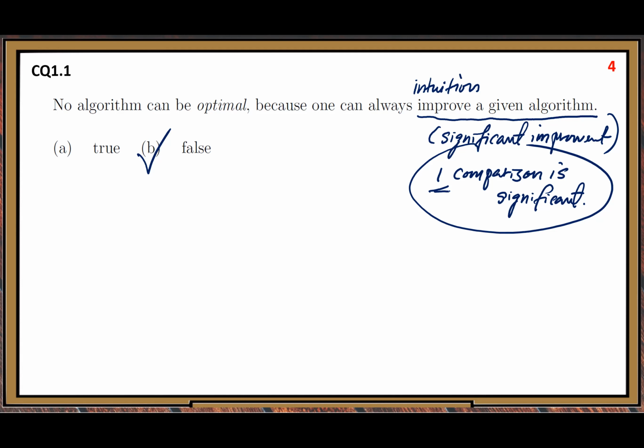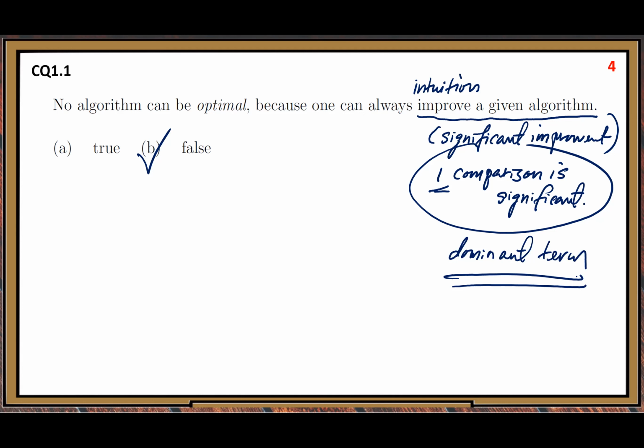For the general case, if you recall, we learned a term last time called a dominant term. When we get a dominant term, we ignore minor terms, right?